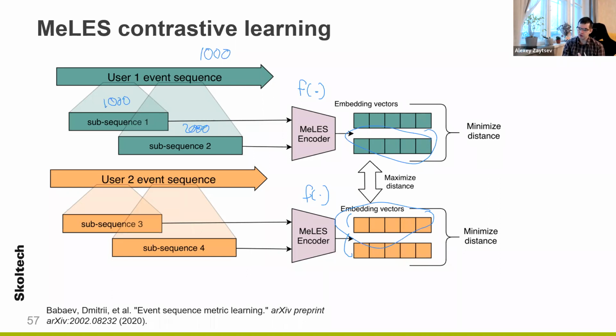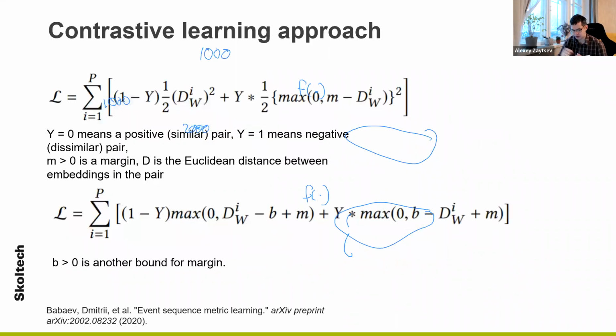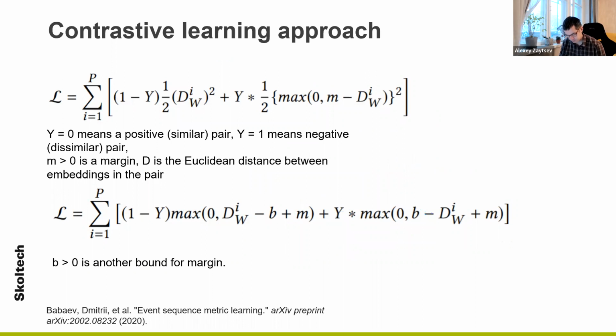So this is quite common intuition behind contrastive approaches to self-supervised learning. As you see, we don't need any supervision. We take some parts of user history to make embeddings from it and to compare them, and we hope that embeddings for a single user should be closer to each other. Okay, and we can adopt this kind of self-supervised learning approach.